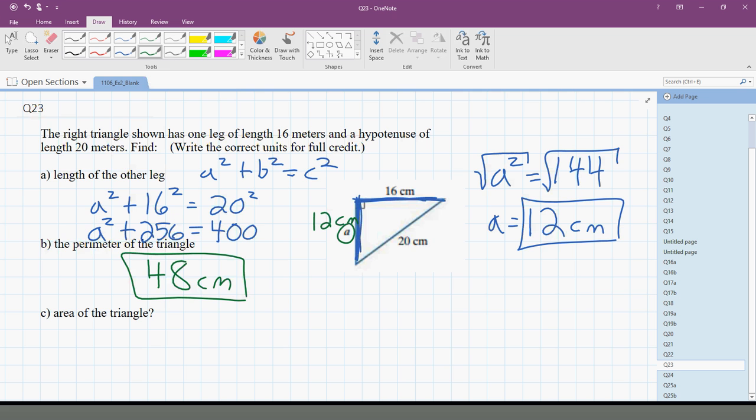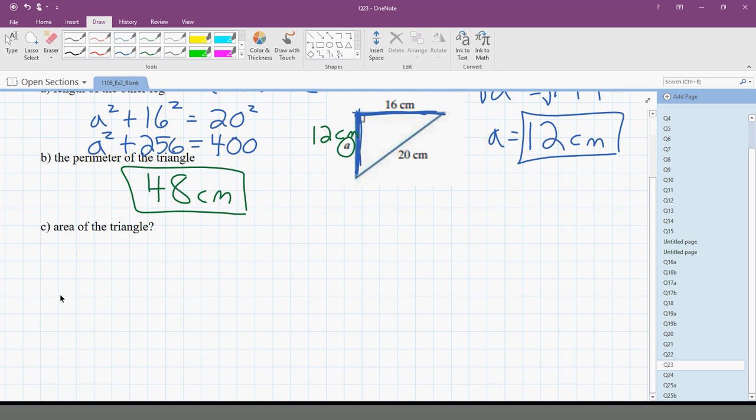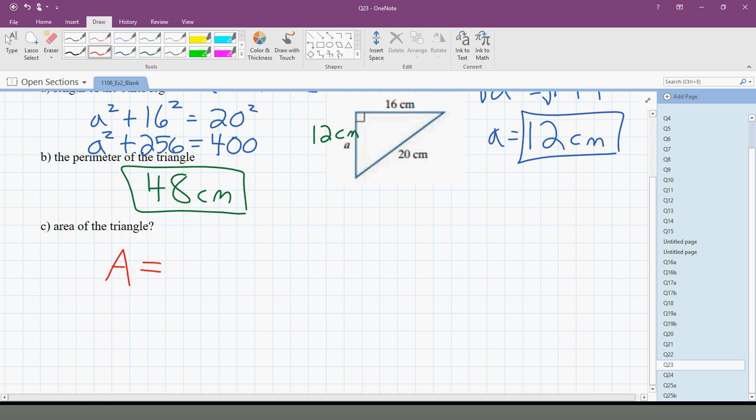Okay. Now, area of a triangle. How do you find the area of a triangle? It's a formula. Do you remember what it is? 1/2 base times height.